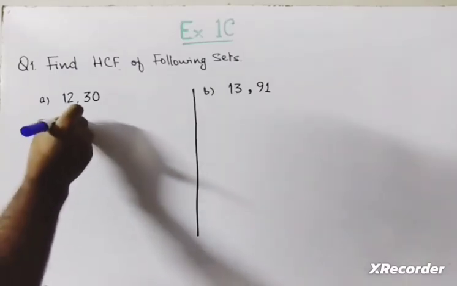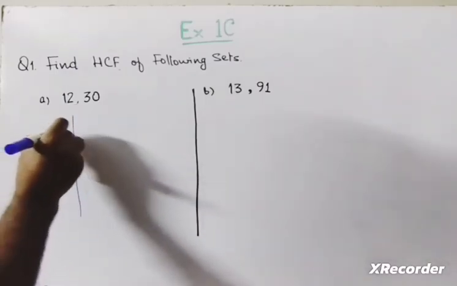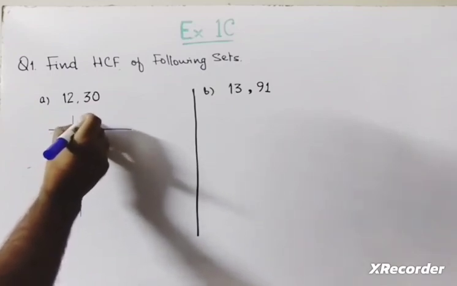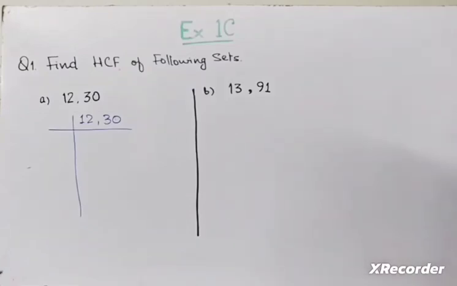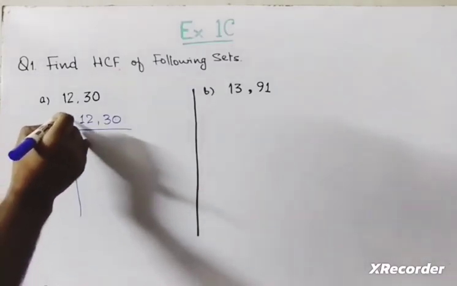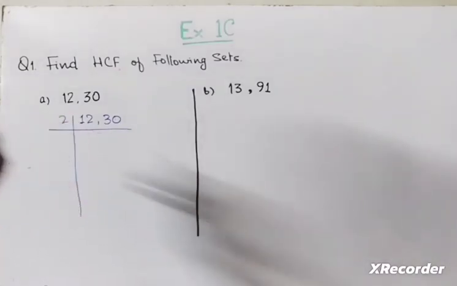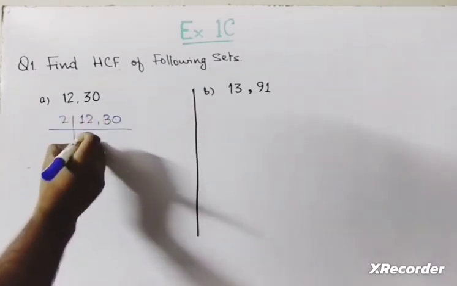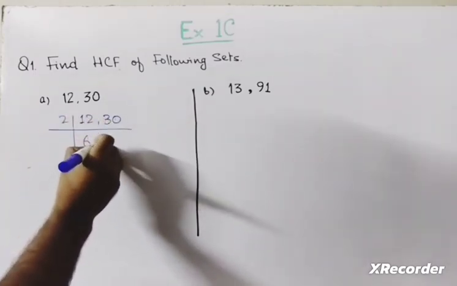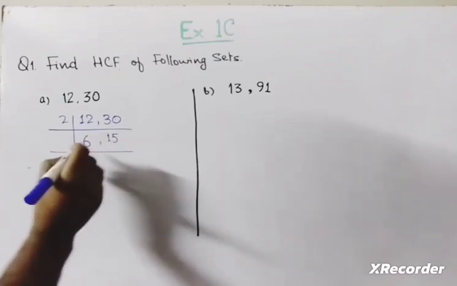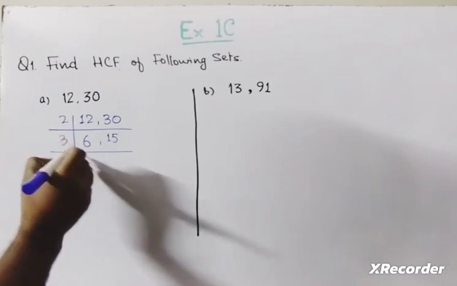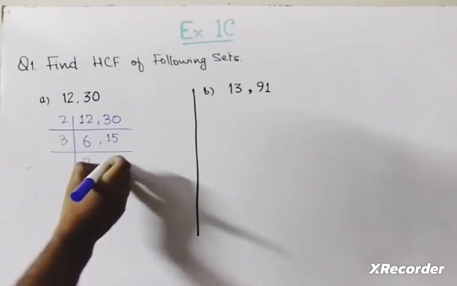So, we find the HCF by the old method: 12, 30. Now we use the lowest number which is divisible by both 12 and 30. 6 times 2 is 12 and 15 times 2 is 30. 3 times 2 is 6, 3 times 5 is 15.